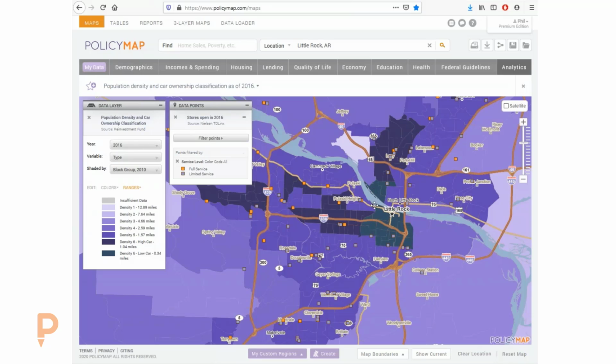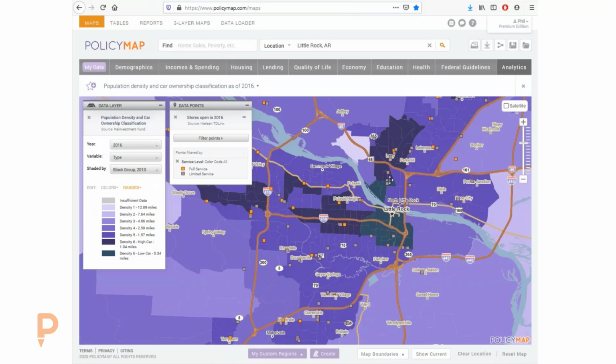These are where, if there's no grocery store, as you see here, they are probably in the most need, because people in this particular area would have to take a bus, get an Uber, and so forth to get to a grocery store. The grocery delivery service is really going to change our methodology in 2020. We're not really prepared for this, but we're going to start figuring out how to integrate that data into the methodology. But for now, this is based off someone going to the grocery store itself.